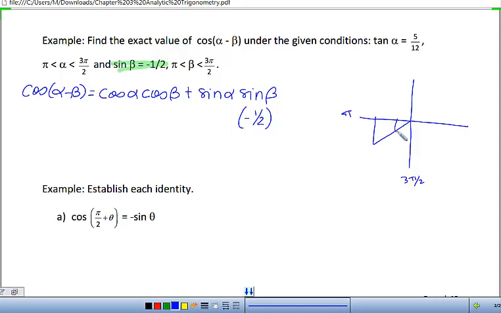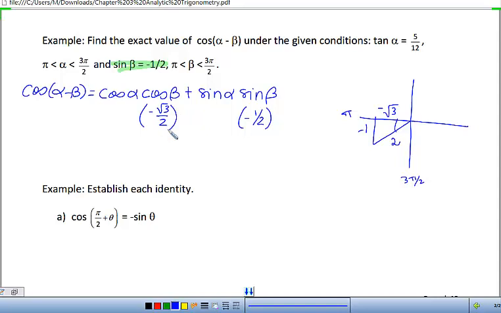So we're going to get opposite over hypotenuse. And I think that's our Pythagorean triple. So this side, of course, is going to be negative square root 3. So the cosine of angle beta then would be adjacent over hypotenuse, and it's going to be negative root 3 over 2.